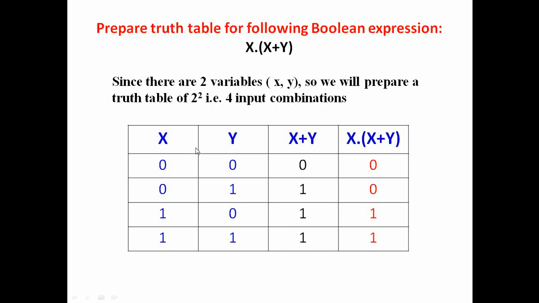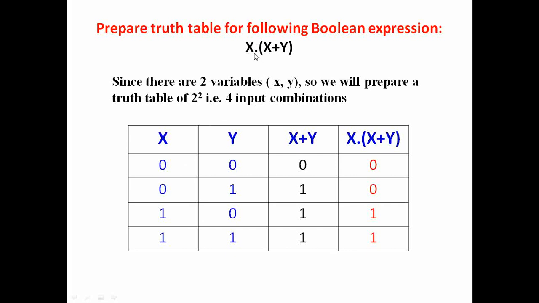So x, y, these are the input variables, since we have only x and y in the Boolean expression. For this we will have 4 input combinations, and how will we derive those combinations? We will write first two 0s, then two 1s, then 0 1 0 1, right?